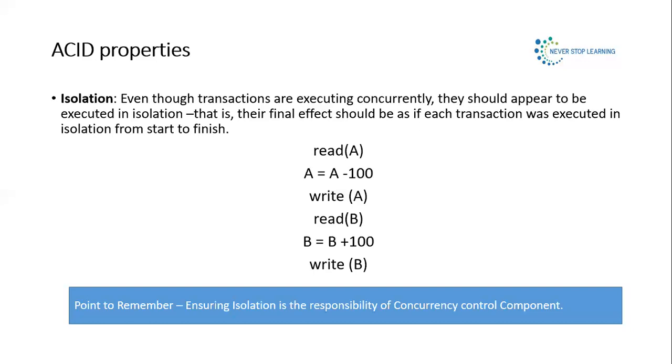So this is isolation. That means all the transactions will happen simultaneously, but logically they are isolated from each other. So the point to remember here: ensuring the isolation property is the responsibility of a component of the database system known as the concurrency control component. Fine.